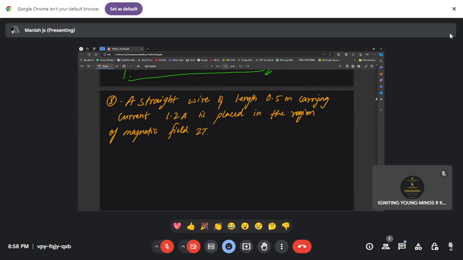They are placing a wire of length 0.5 meters carrying a current of 1.2 amperes as per the question.